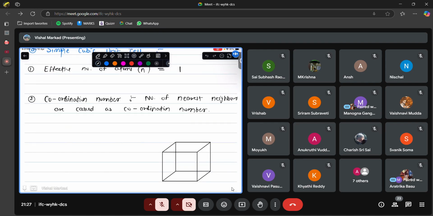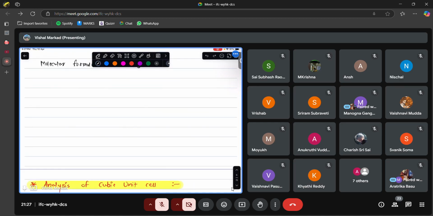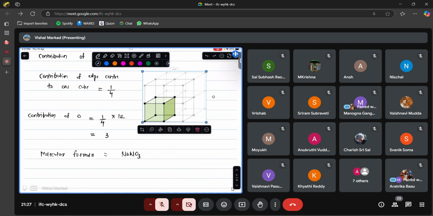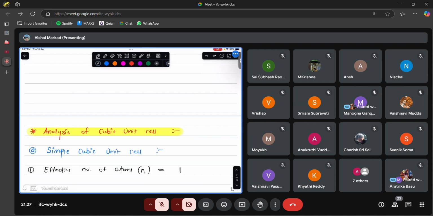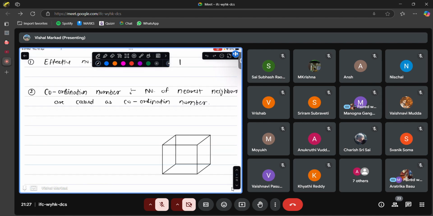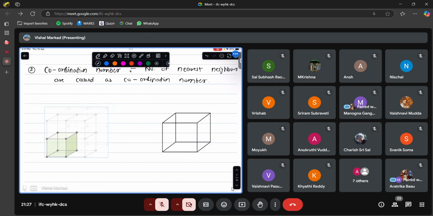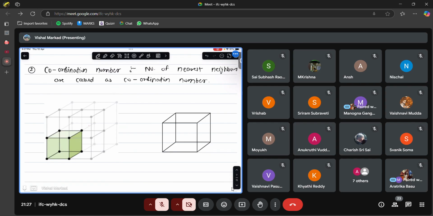Second thing, coordination number. Coordination number in solid state means what? The number of nearest neighbors is called the coordination number. Now look at it again. We'll take this diagram again. Now see this carefully. This is important.